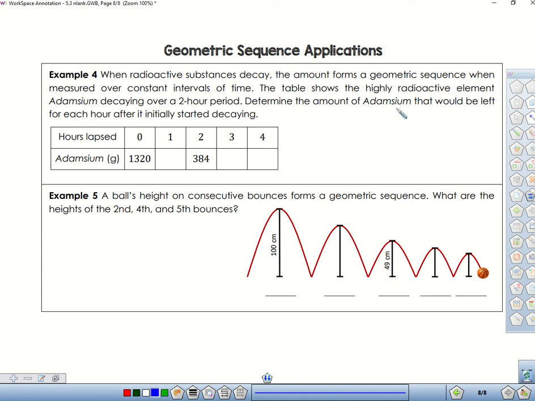Determine the amount left for each hour after it initially started decaying. So basically you started with 1,320 grams of the substance at hour 0, and we don't know how much you had at hour 1, but at hour 2 you were left with 384.